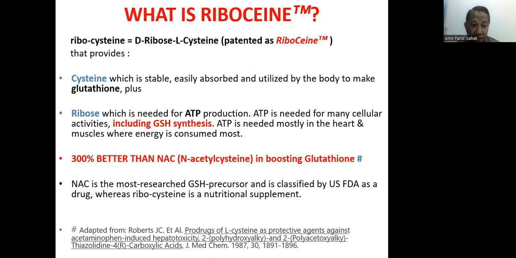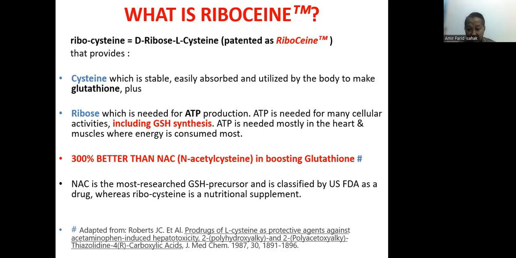Cysteine, which is stable, is now made available for absorption and utilization by our cells to make glutathione. What's special about Ribosine is that the cysteine is stabilized by linking it with a simple sugar called ribose. And ribose also has special functions, including being the main component of the energy-carrying molecule ATP.